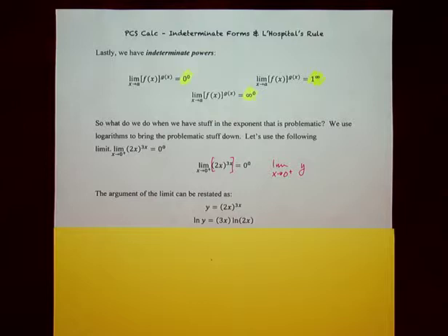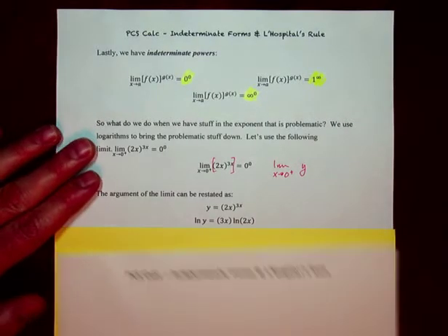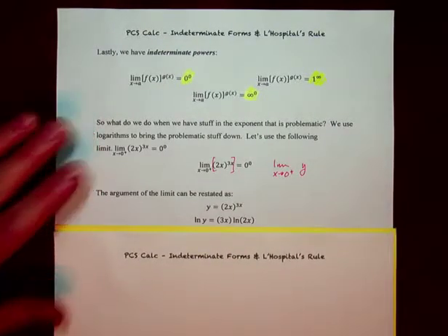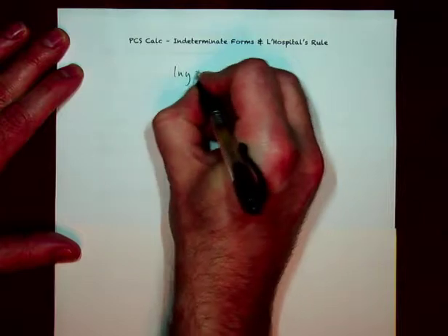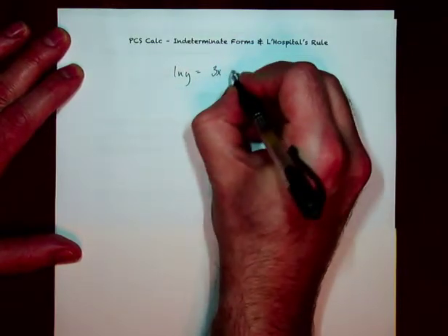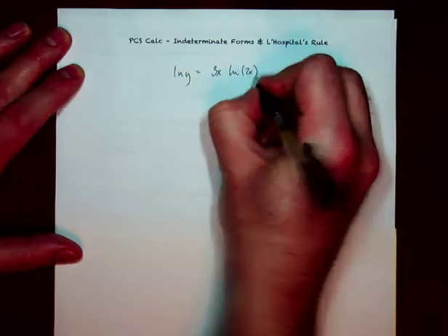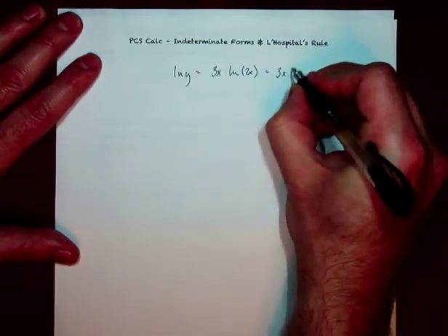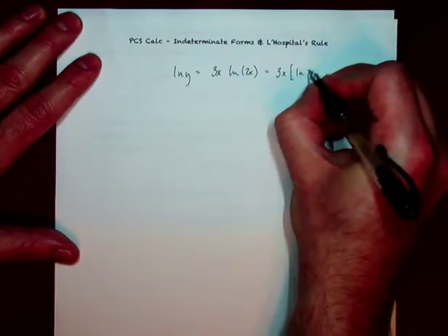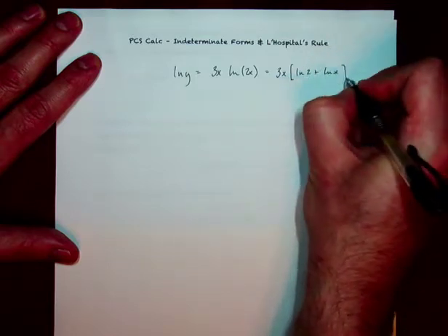Now, of course, from here, you can actually do a little bit of simplification if you want, okay? By simplification, I mean this: you can take natural log y is equal to 3x natural log 2x, and you can split that up. That becomes 3x times natural log 2 plus natural log x if you want to.